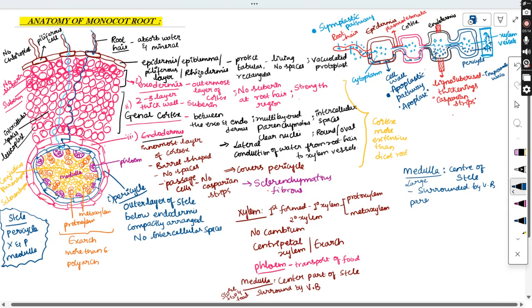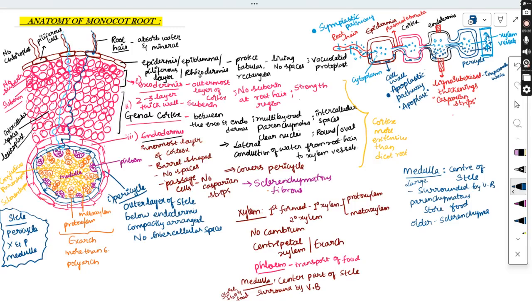It is made up of parenchymatous cells, and the main function of this medulla is to store food. In the older roots, all the parenchyma will be replaced with sclerenchyma just to provide mechanical strength and support.